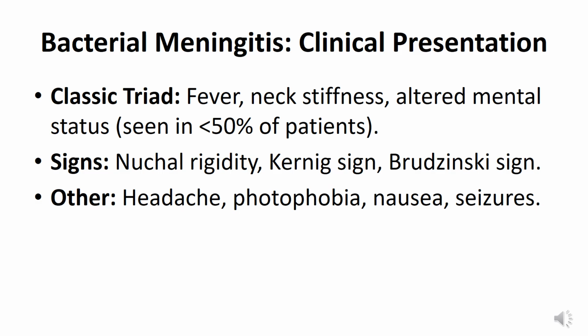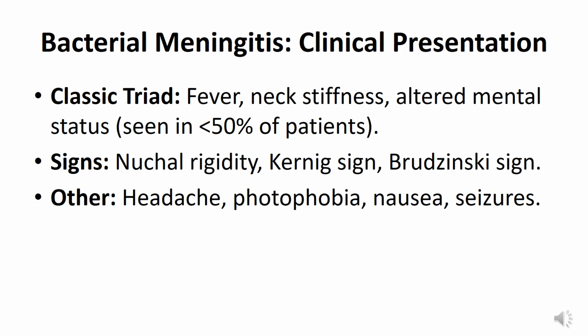These features are strongly associated with the disease. However, the complete triad is present in fewer than half of all patients. In other words, more than half of patients may not fit the classic picture. That is why clinicians must maintain a high level of suspicion.